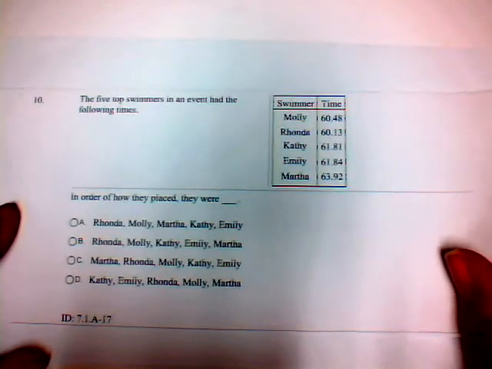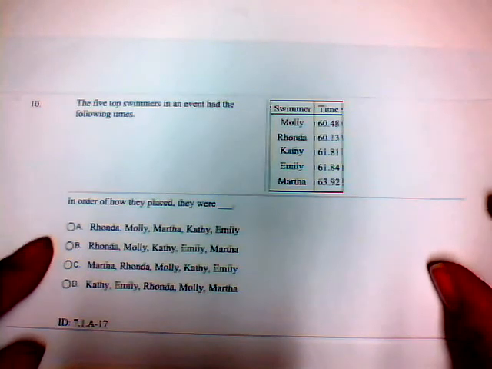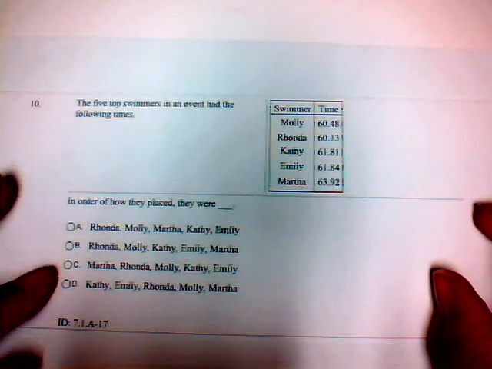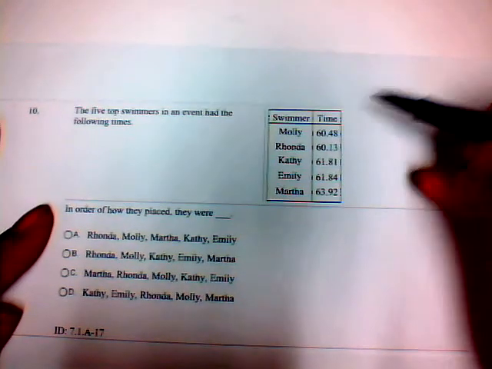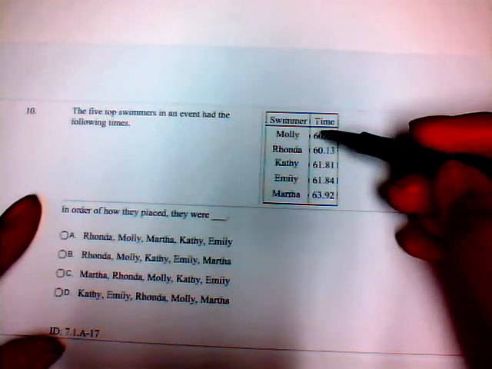Problem number 10. The 5 top swimmers in an event had the following times. And in order, how were they placed? Okay, so we have to compare place value positions here. If you look in the tens place, the sixes are the same. Now the ones place, we see a 0 here for Molly and Rhonda. Now, since we're dealing with times here, the one with the lowest number is the one with the fastest time.